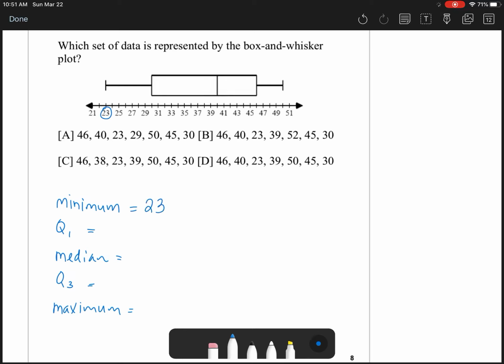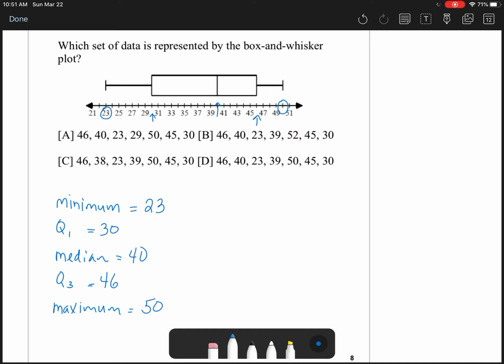We see that the minimum value is 23. The maximum value is going to be 50. First quartile is going to be 30. The median is going to be 40. And the third quartile is going to be 46.